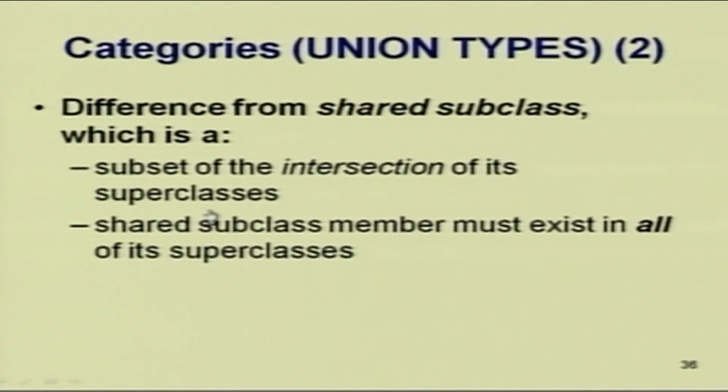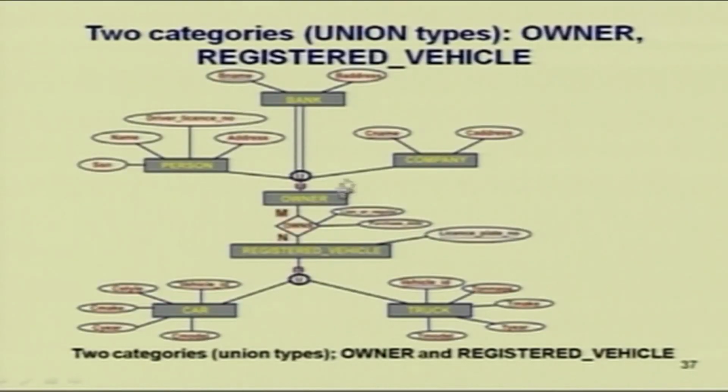So, what is the difference from shared subclasses? It is a subset of the intersection of the superclasses, where a shared subclass member must exist in all the superclasses. Here it is not like that, it can belong to at least one. So, now let us take 2 categories or union types. You have owner, and here we have the union.